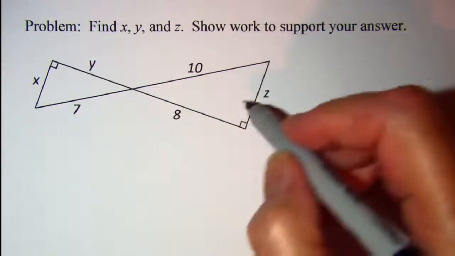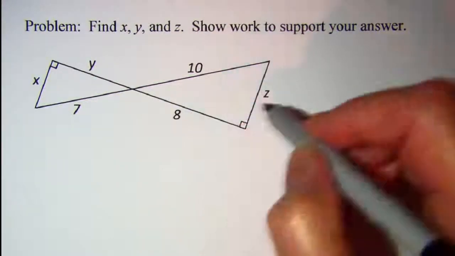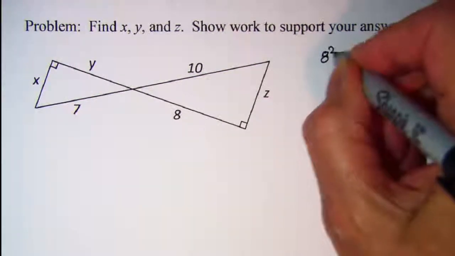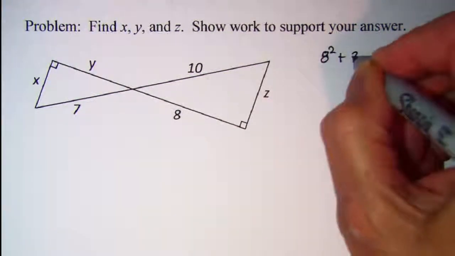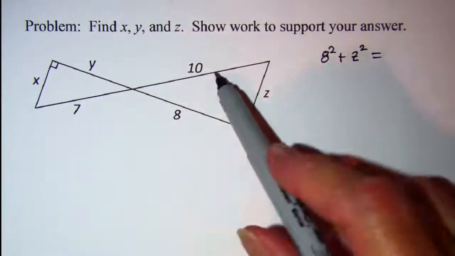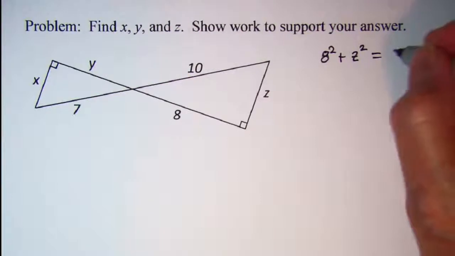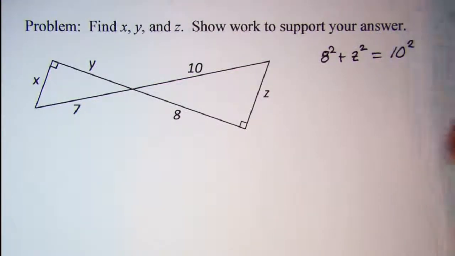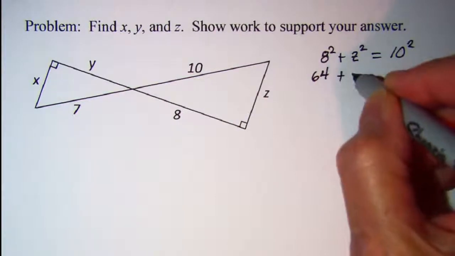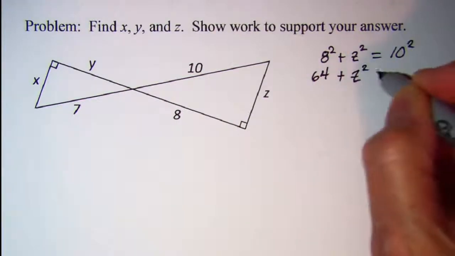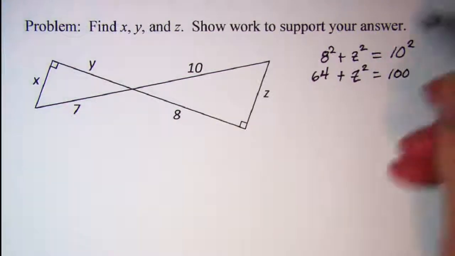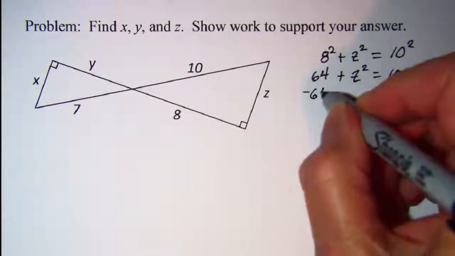The sum of the squares of the legs of the right triangle, 8 squared plus z squared, is going to be equal to the square of the hypotenuse, which is 10 squared. 8 squared is 64. 10 squared is 100. Subtract 64 from both sides.